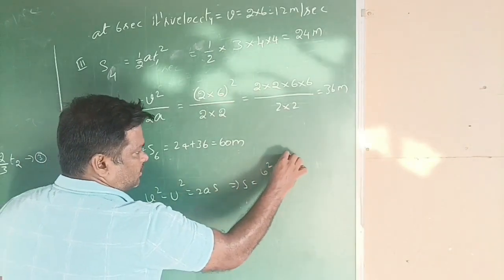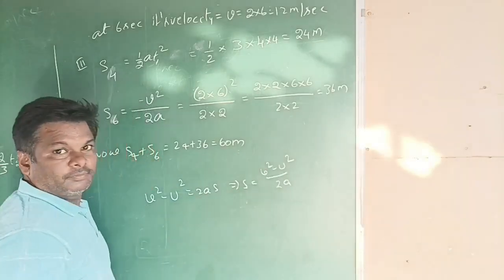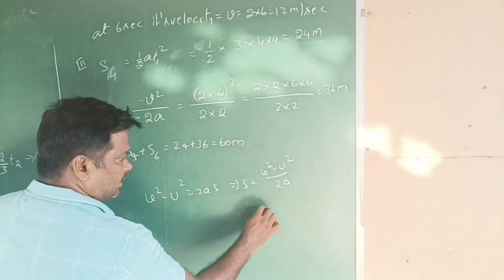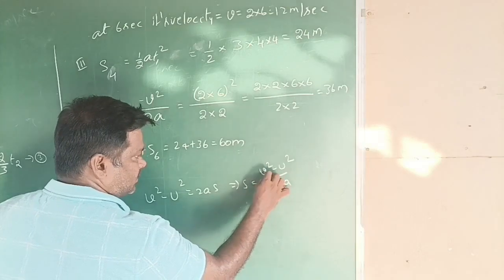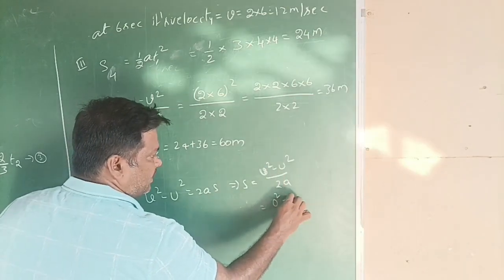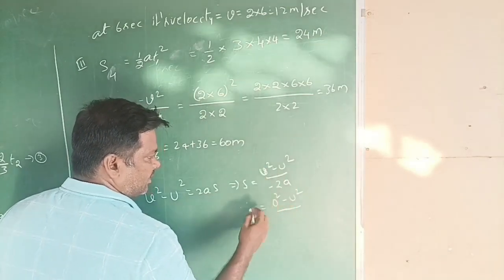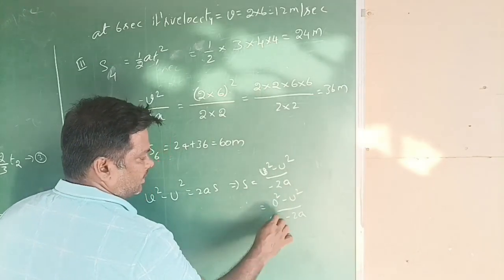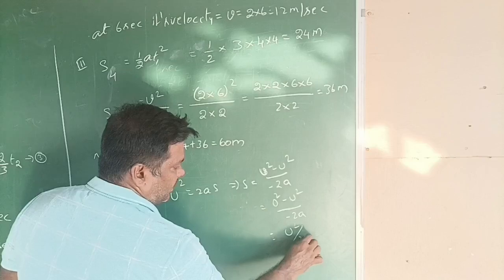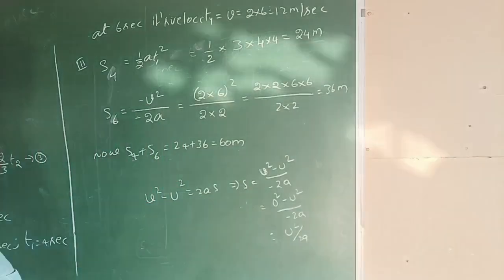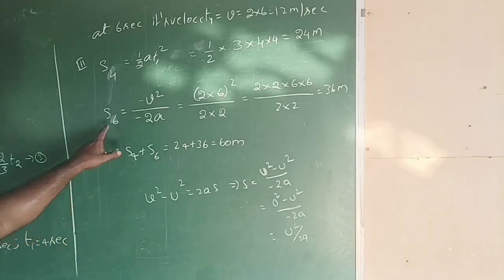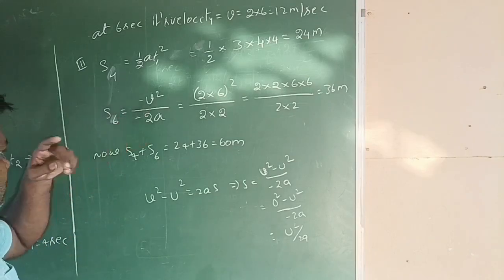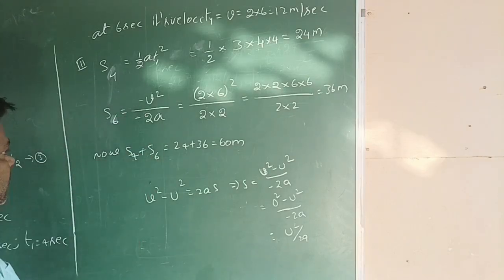You all know that it is under deceleration, so this v square becomes 0: 0 square minus u square. Since it is decelerating, we write minus 2a. That's why s6 is equal to minus u square by 2a.